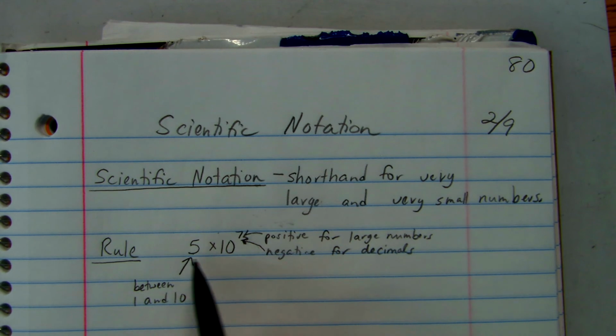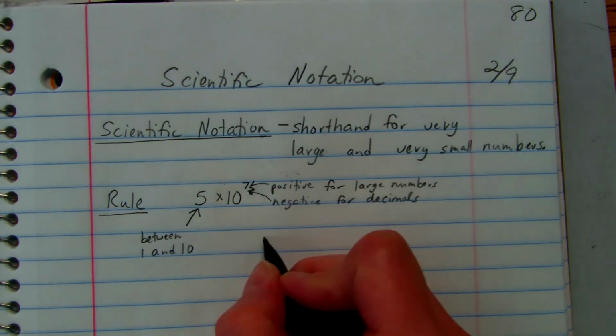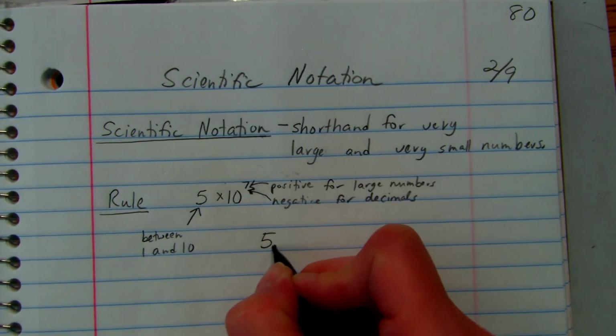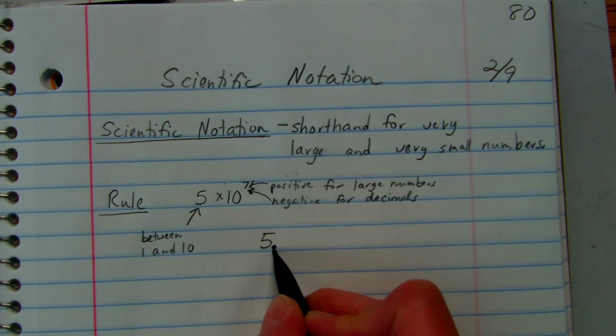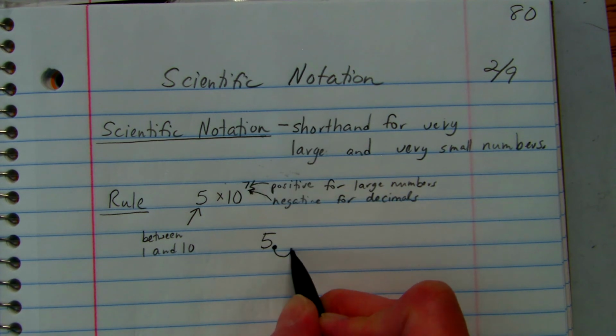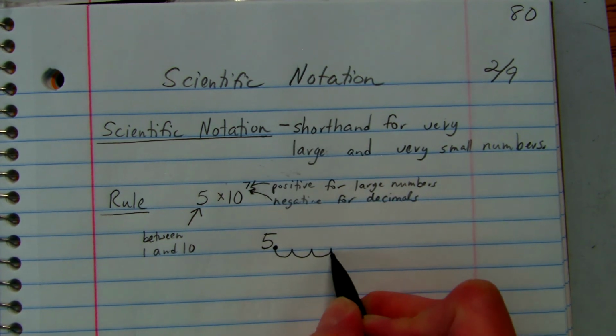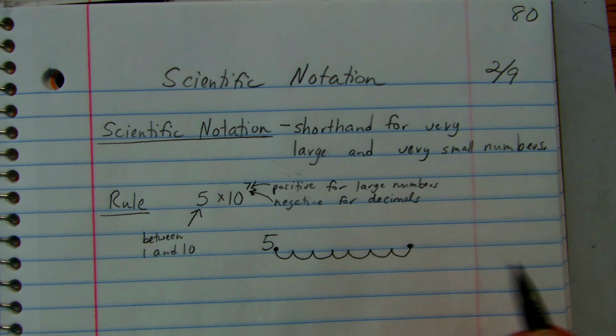If we were trying to do 5 times 10 to the 7th, we would start with 5. And we'd put our decimal place right after 5 because 5 is in the ones place. And then we're going to jump that decimal 7 times. So you go 1, 2, 3, 4, 5, 6, 7. Make a new decimal place.